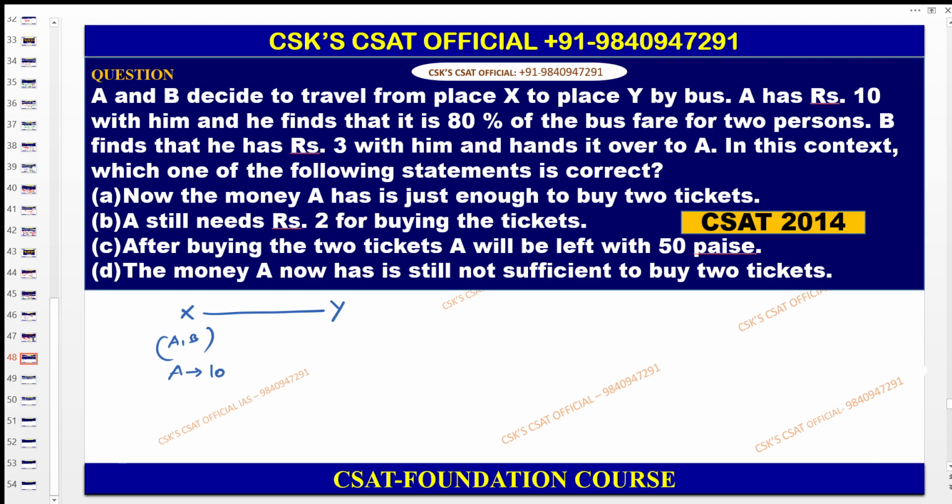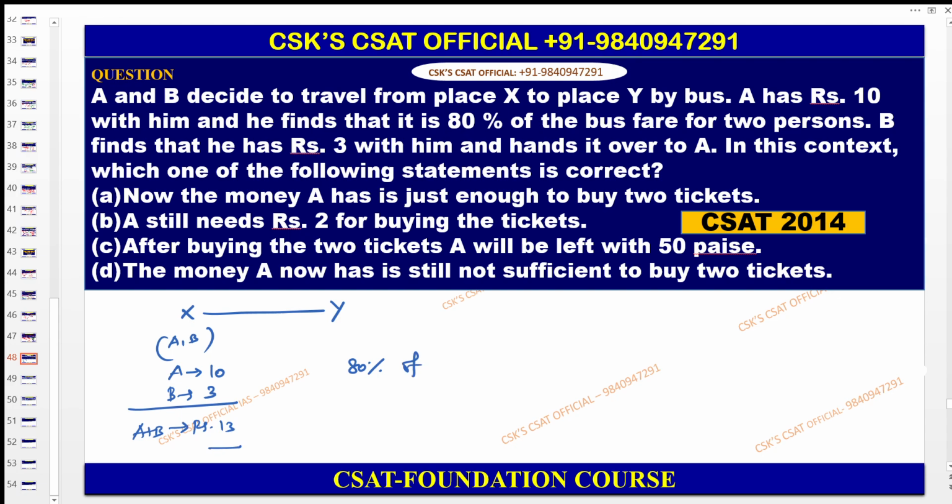He finds that 80% of the bus fare is for 2 persons. Now, B finds that he has rupees 3. So what is overall? A plus B, they are having rupees 13.